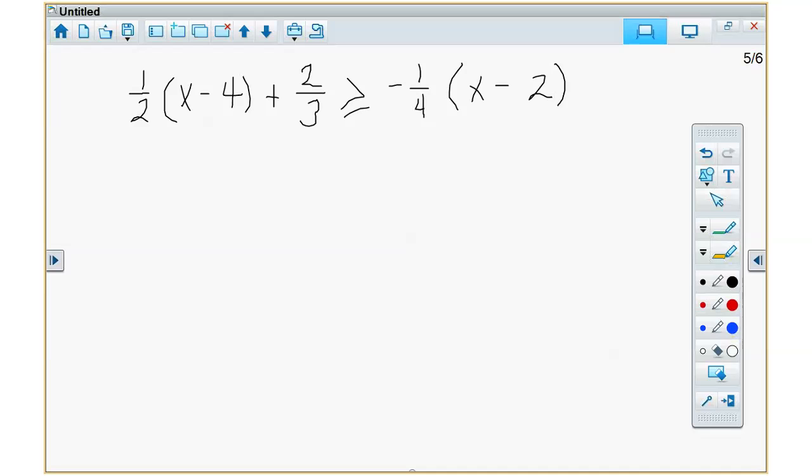And when you do that, you should be able to clear the fraction. So I'm going to put a 12 here, here, and here. Now finish it.